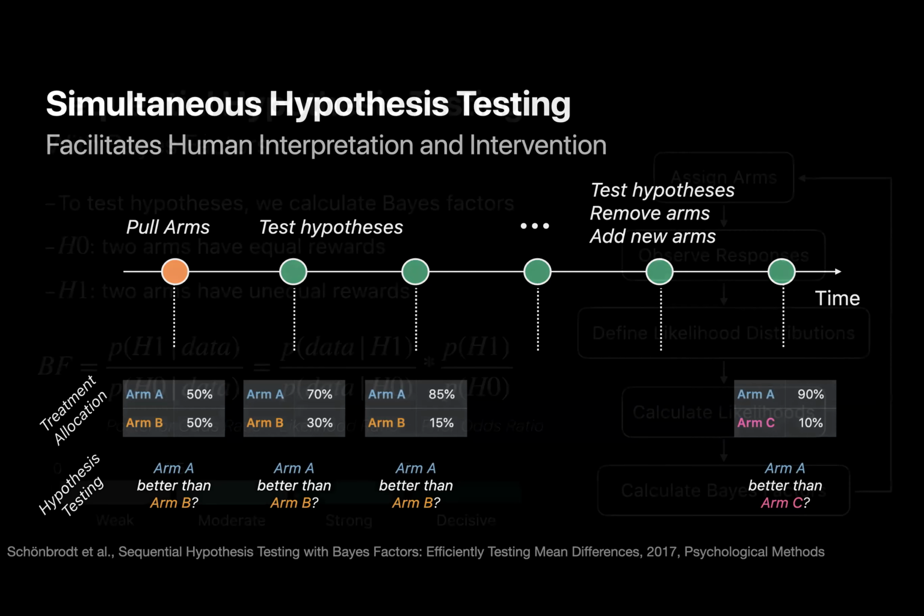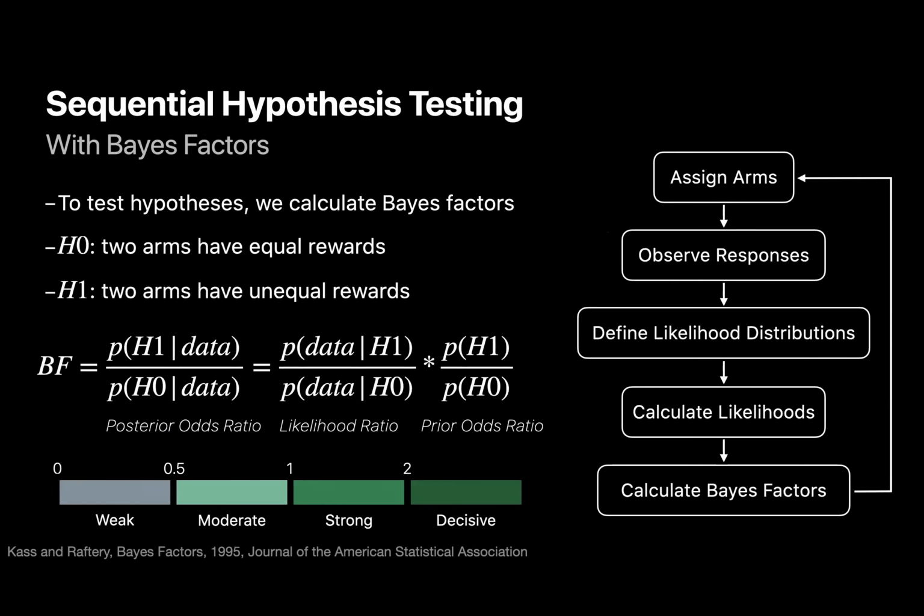There are many different ways to attack this problem. We've taken a Bayesian approach, where we use Bayes factors. That's a well understood idea that borrows Bayes' rule and makes it a relative likelihood ratio formulation. At any given point, we take the reward estimates we've got and construct a Bayes factor based on the likelihood of two hypotheses: one, that the two arms have the same reward, and another, that the two arms have unequal rewards.